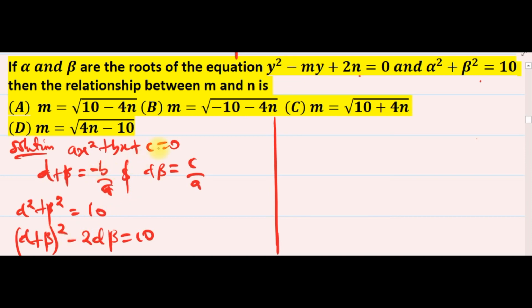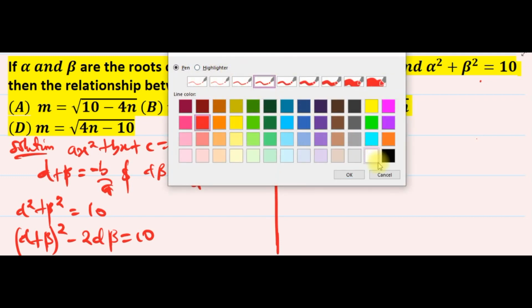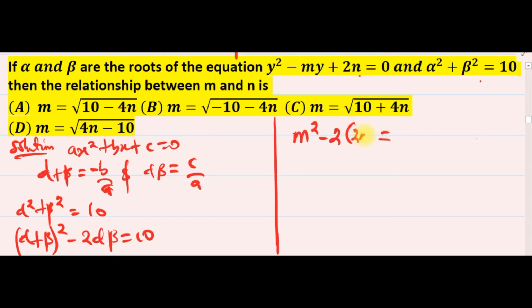Remember, it's minus the coefficient, so we have minus b, and b is minus m, so minus b is m. So we have m squared minus 2 times their product, which is 2n over 1, which is 2n, equal to 10. So we have m squared minus 4n equal to 10.